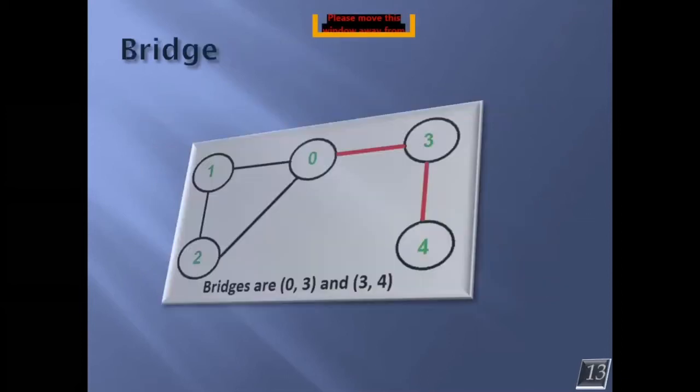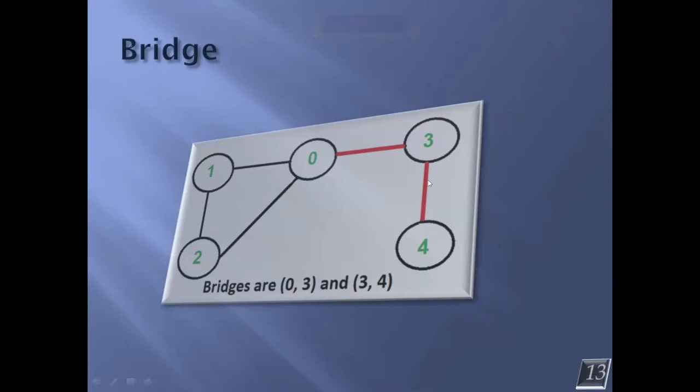Consider this image. It will give us more clarification about bridges. If we remove the edge between node 0 and 3, then there will be two connected components, which are 0, 2, 1 and 3, 4.